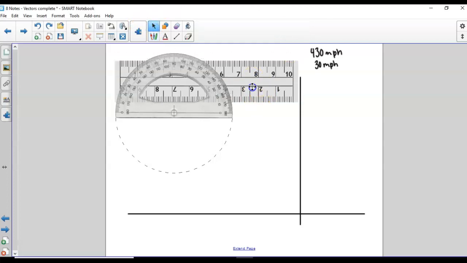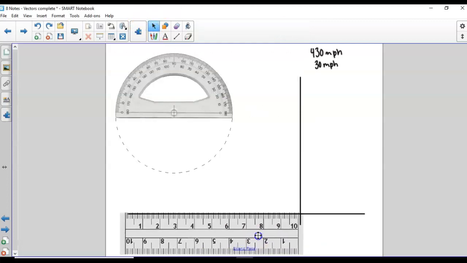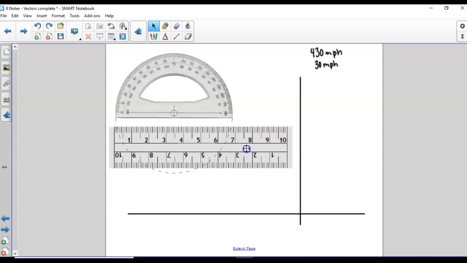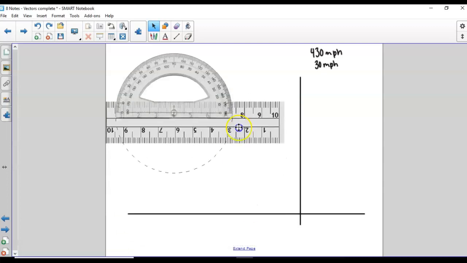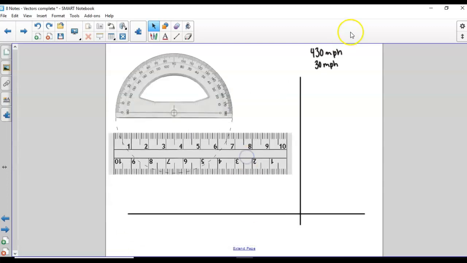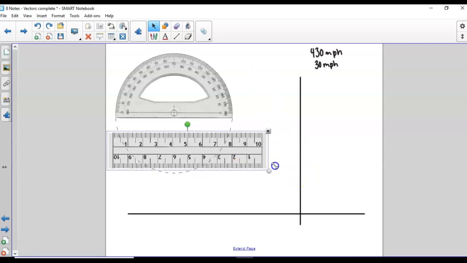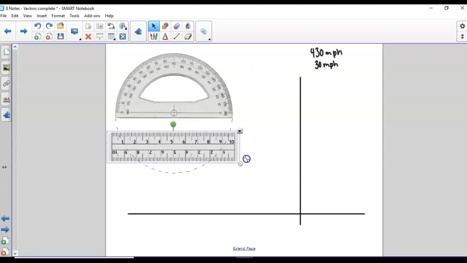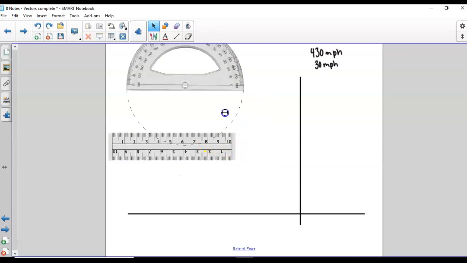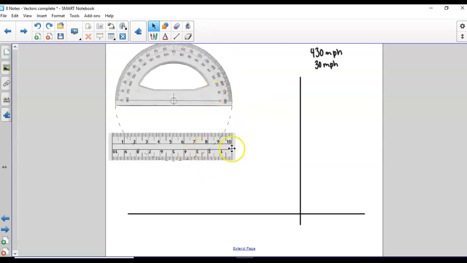Yours is going to be different than what I've got here because my ruler is different than yours. I wish my ruler was longer so that it would be closer to what you guys can do.